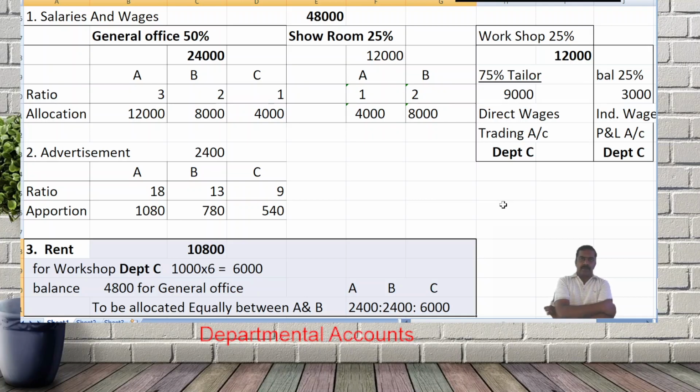Rent for the workshop is 6,000, that is Department C. Tailoring work is carried on in what? Workshop, that is Department C. The remaining rent, 4,800, is divided equally between what? A and B. So 2,400 and which one? 6,000. This is which expense? Rent.